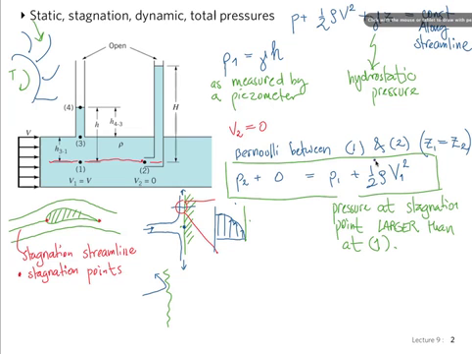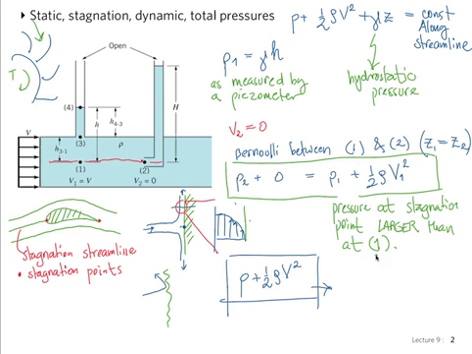This quantity, P plus 1/2 rho v squared, is what we call the stagnation pressure. The stagnation pressure is the largest pressure that can be obtained in the fluid if we neglect the effect of elevation.